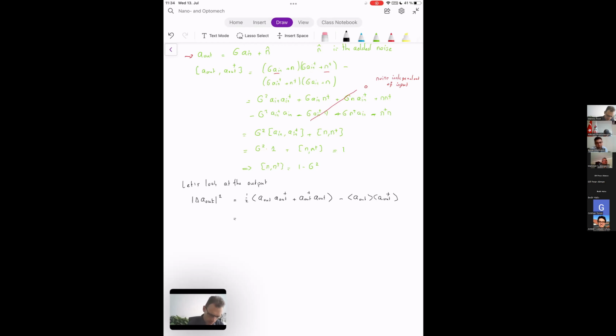So if we now first focus on the input terms, then after a little bit of work, you'll find that this is equal to G squared times 1/2 the expectation value of A in A in dagger plus A in dagger A in, that's the first term, minus A in expectation value times A in dagger expectation value.